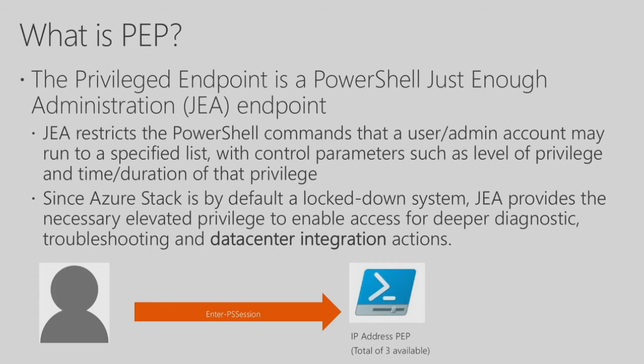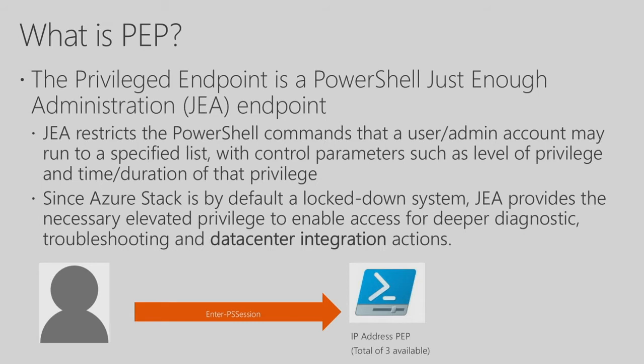So with the help of JEA, we lock down that endpoint to only a certain set of cmdlets. Of course, when you are troubleshooting the system, you can unlock that privileged endpoint to have all cmdlets available. This unlocking process is a 2-way process.